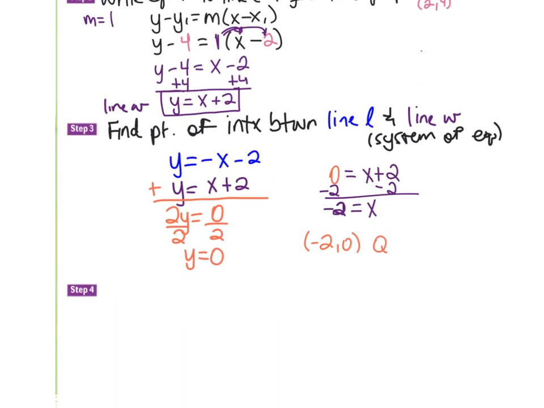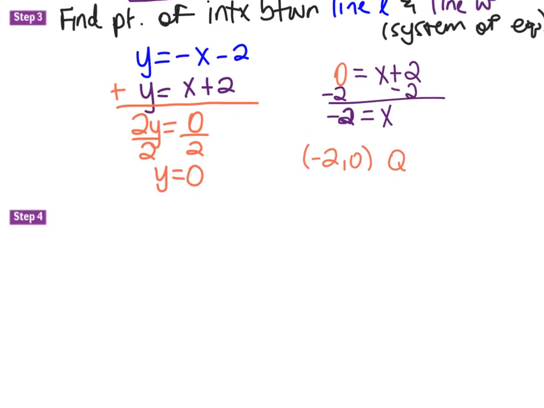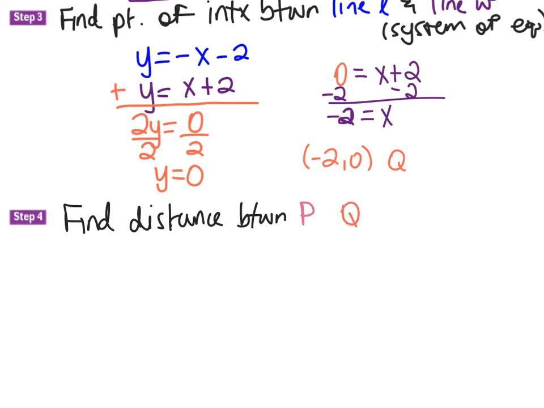So the last step is to find the distance between P and Q. Remember, point P was our pink one, with coordinates (2, 4), and Q is (-2, 0). So we have to find the distance between points P and Q. In order to do that, we have to use our distance formula.